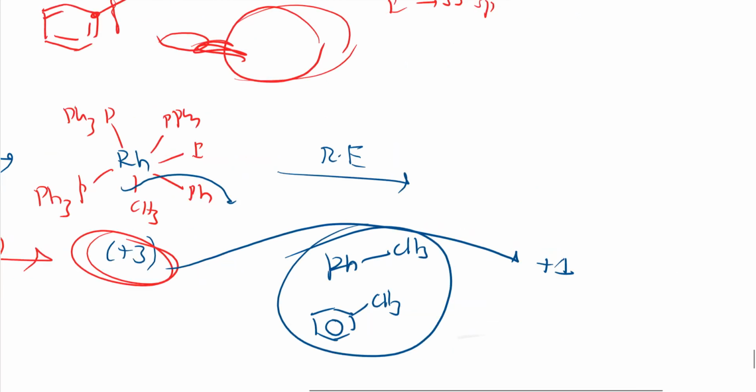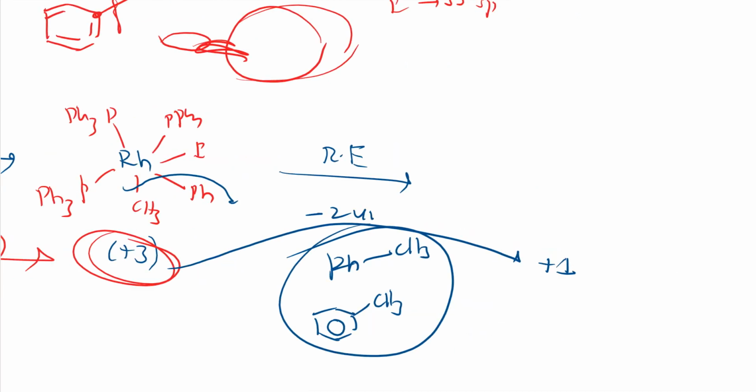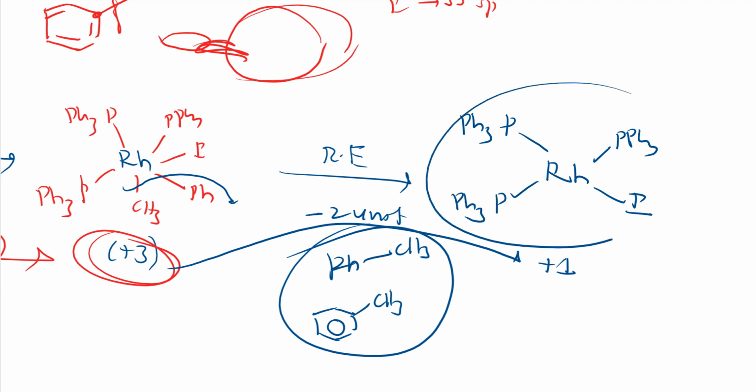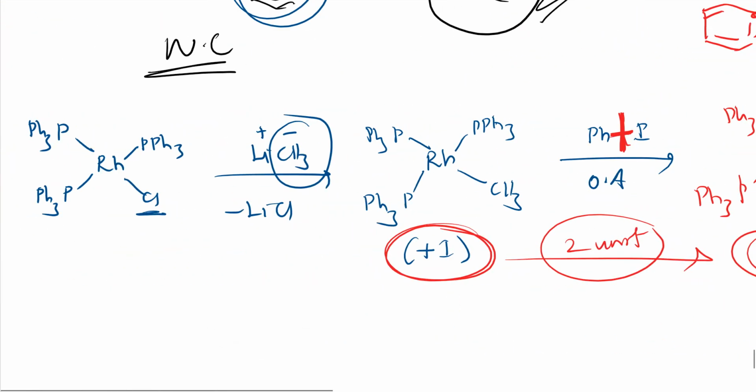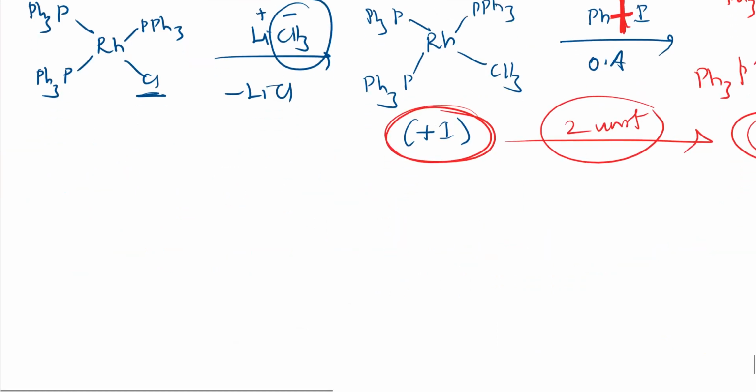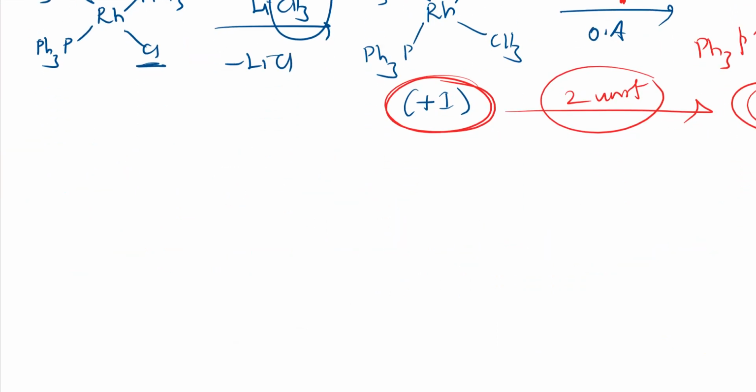So there is a decrease of 2 units, so minus 2 units, and I will get other things as they are, Rh. So here PPh3, here the halogen I will be there, other things also PPh3 and PPh3, right. So this is its oxidation state plus 1. So this is reductive elimination. In this way we can synthesize this carbon-carbon bond formation using Wilkinson catalyst. So this is the second application, right.